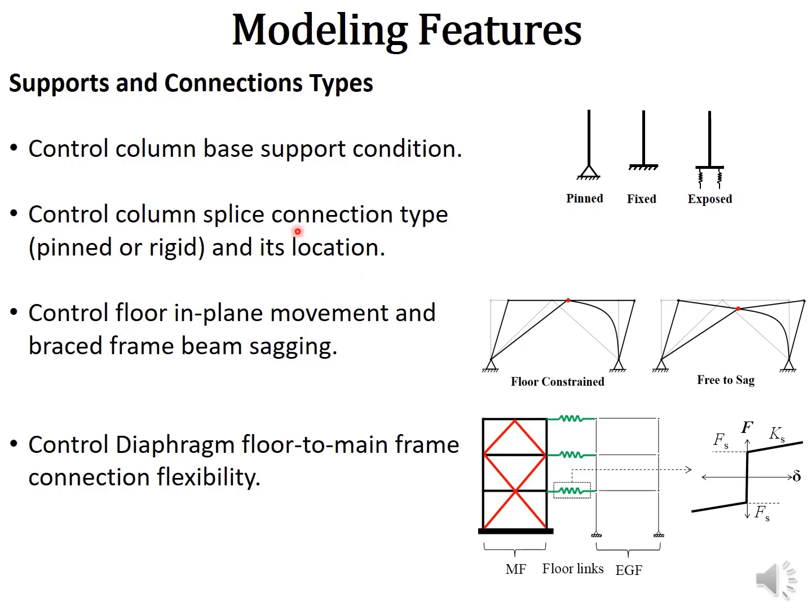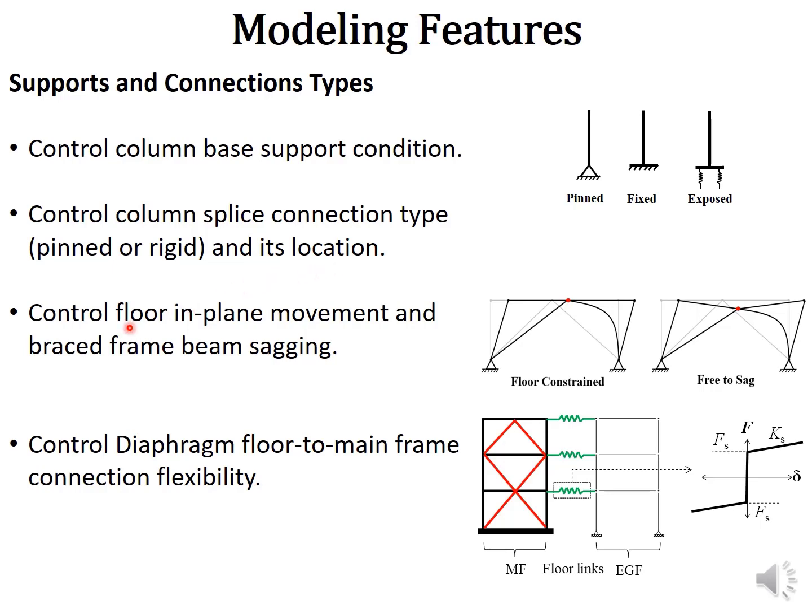For instance, you are able to control the column base support condition between pinned, fixed, and exposed column base connections. You can control the type of the column splice between pinned and rigid, and you can also control its location within the height of the story.